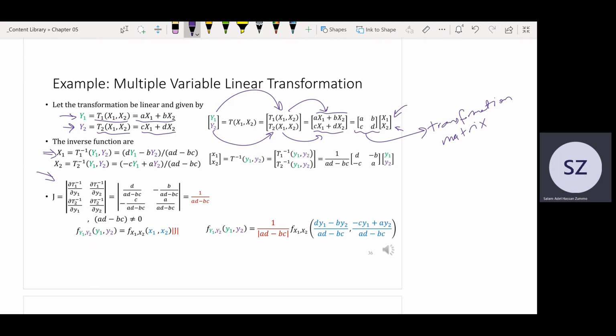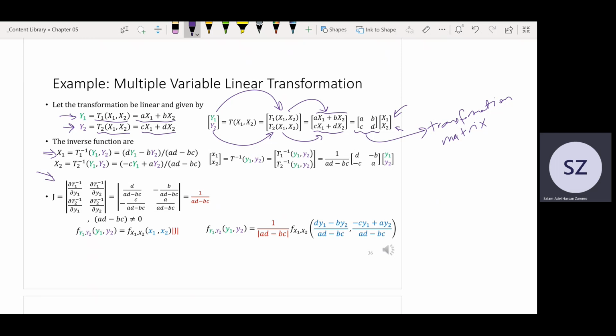So basically, if I multiply this with d and multiply this with b, and then I subtract, I get dy1 equals dax1 plus dbx2.